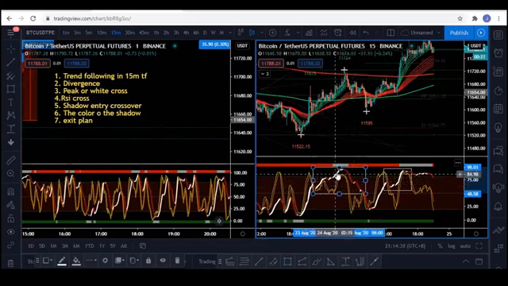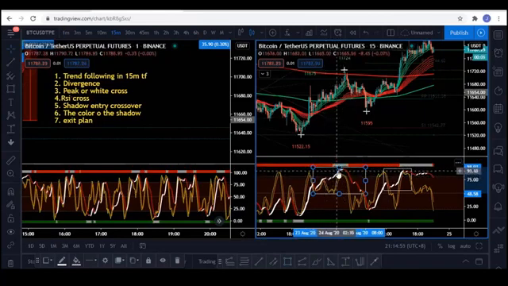From here, it's pointing up, so we are still bearish here. And then there is a scenario that the shadow is pointing up, but the color is red, like here. So it's still going up.